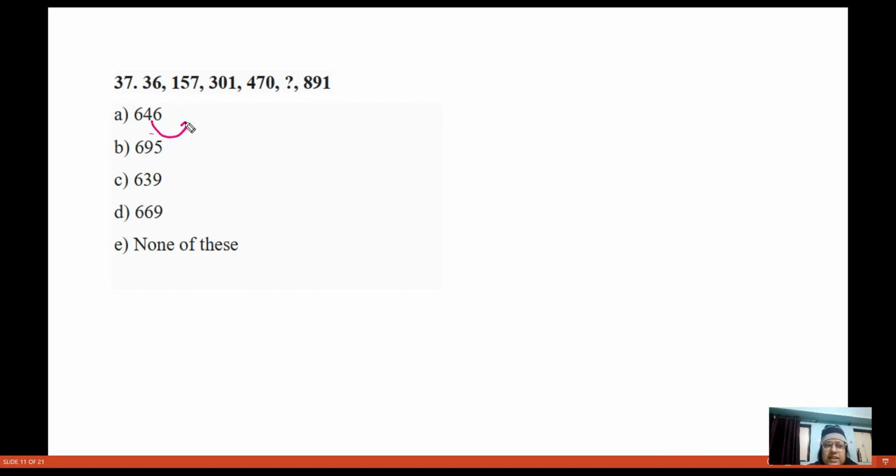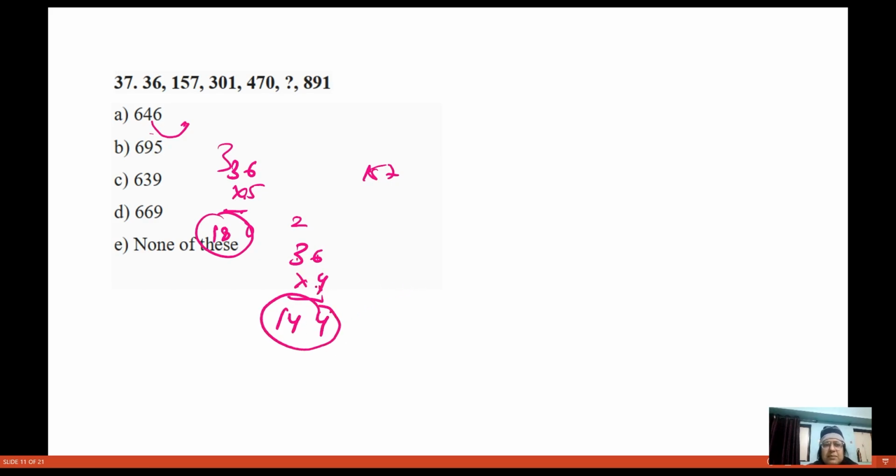Because if you see now here 36 to 157. So if we multiply this, 6 5s are 30, this is going to be like 180 something, but this is 157. Let us check for, let's say, 4. 6 4s are 24, 2 carry over, and we have 3 4s are 12, 144. Okay, so something here, and then here we are multiplying by 4, and then how much you have to add to make it 157? 13.